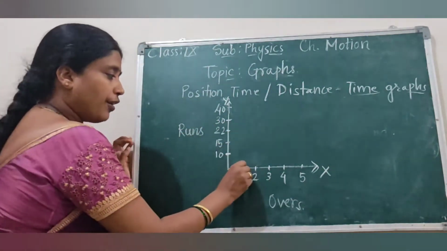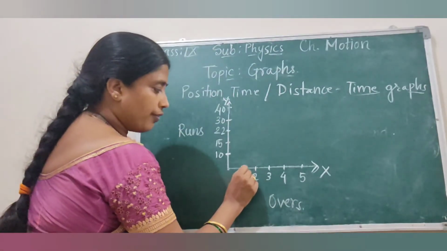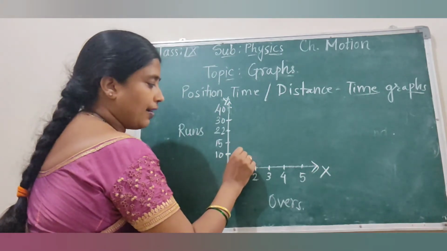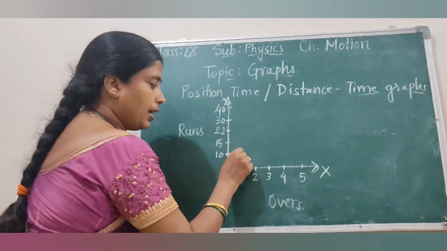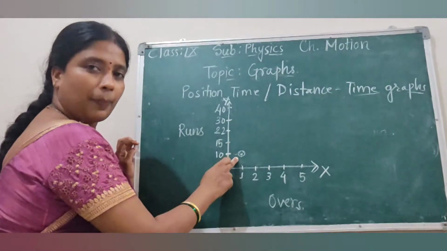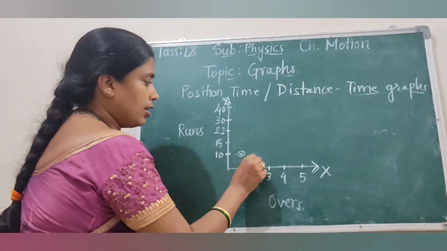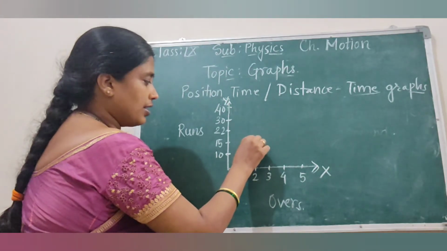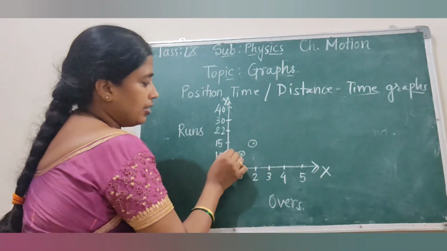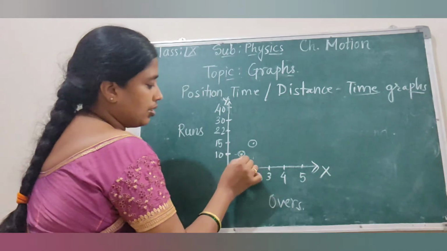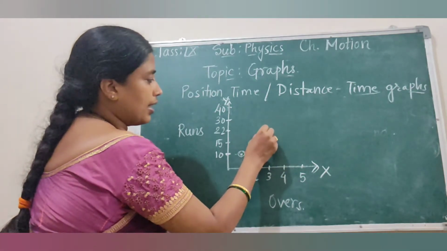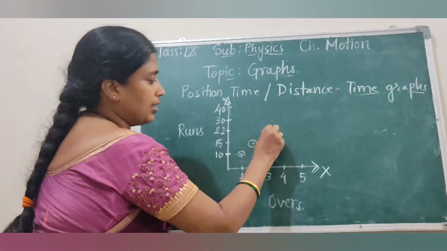In 1 over, 10 runs, so from 1 here and 10 from here, this point represents runs scored in 1 over. Then in the 2nd over it is 15, then after the 3rd over again it is 22, something like that.